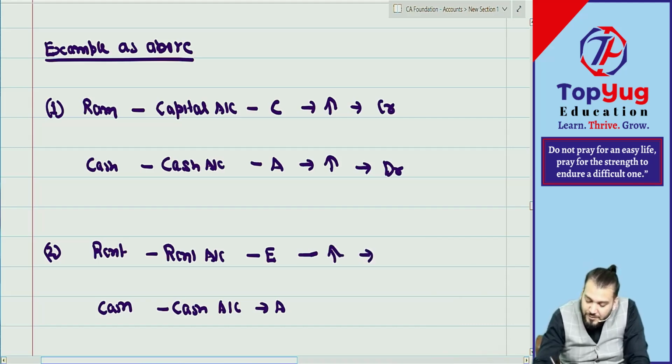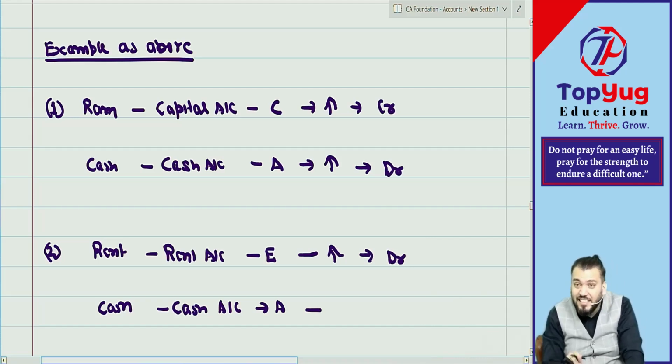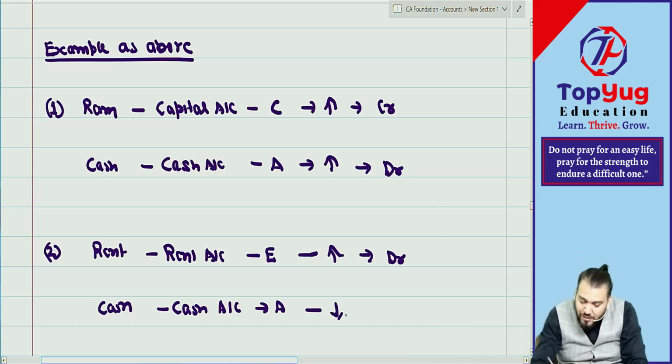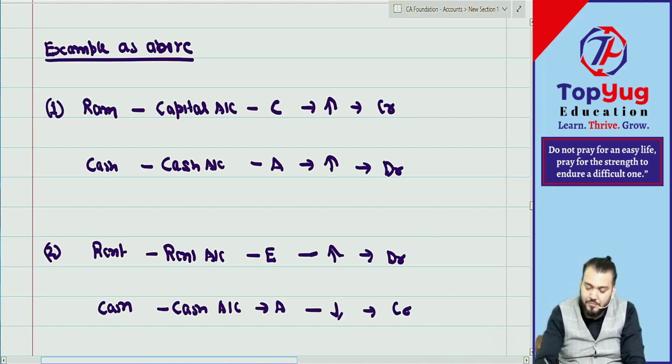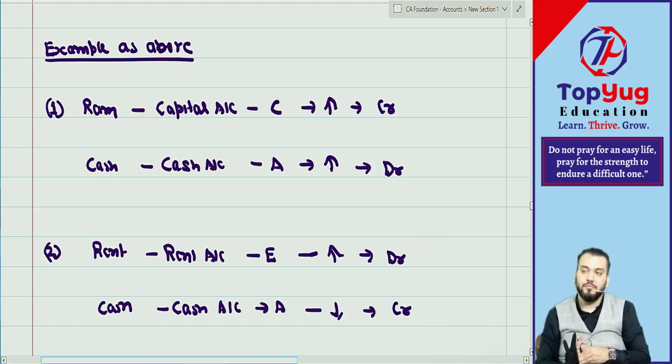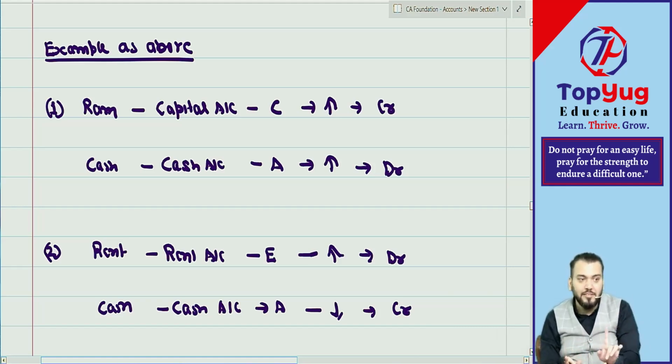Increasing. Increase in expense will be debited. Asset, this cash is increasing or decreasing? You are paying it now. Cash is paid, going out. That is a decrease. So decrease means what? Credited. Understood? Same thing, and the result is same.